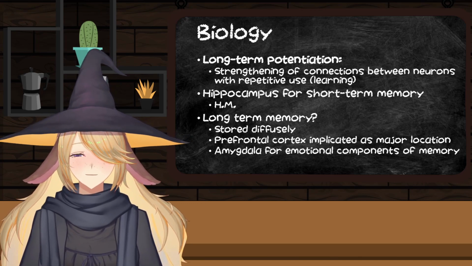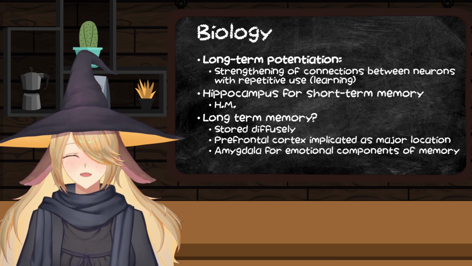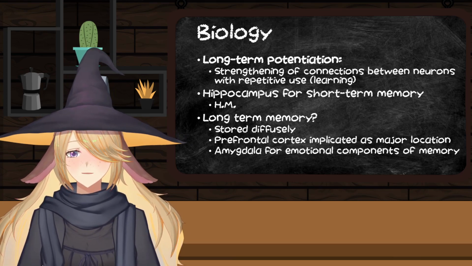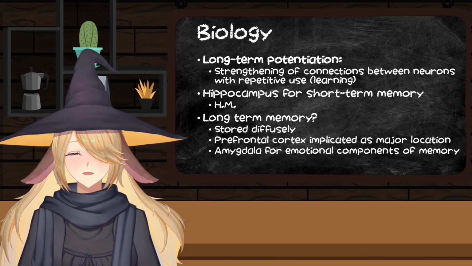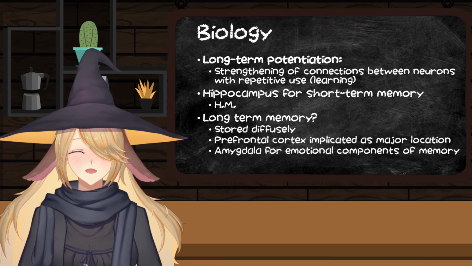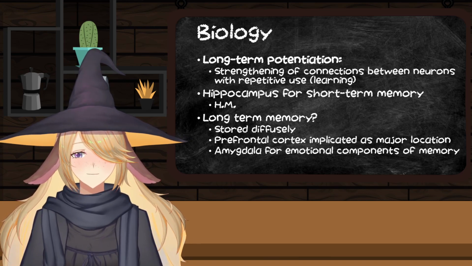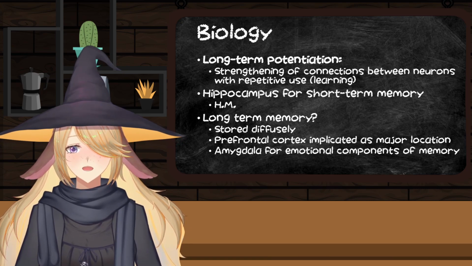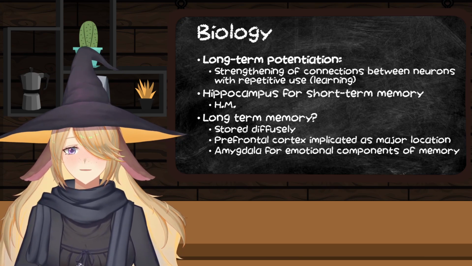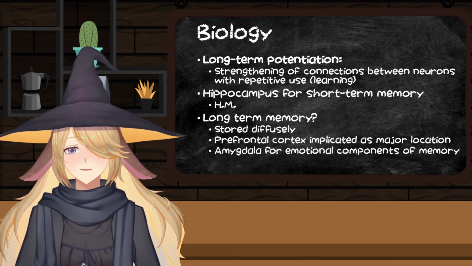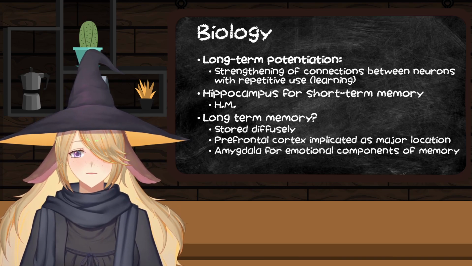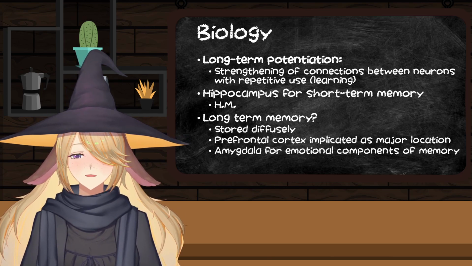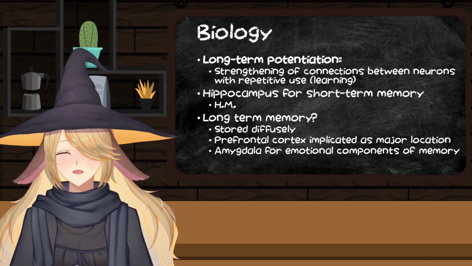Again, the prefrontal cortex is a very advanced region, one of the last to evolve. It's where we handle a lot of cognition and higher level brain function. Consequently, it is very much implicated in long-term memory, but also the amygdala, the emotional center of the brain, is implicated in the emotional content of memory.